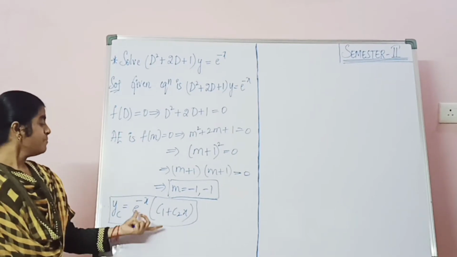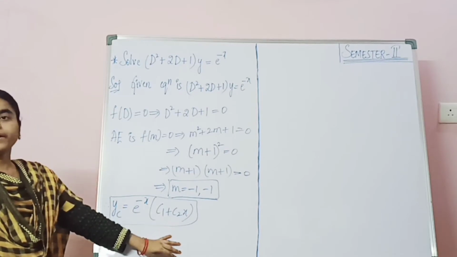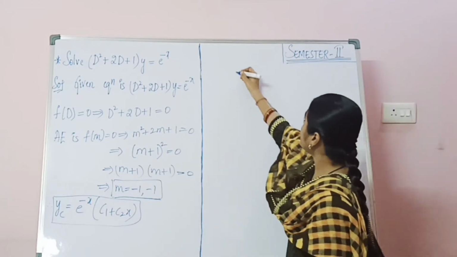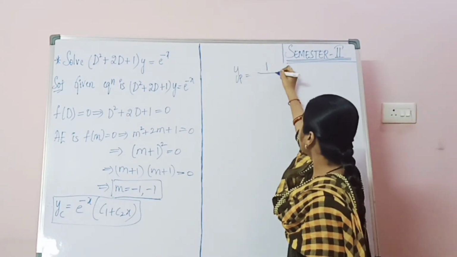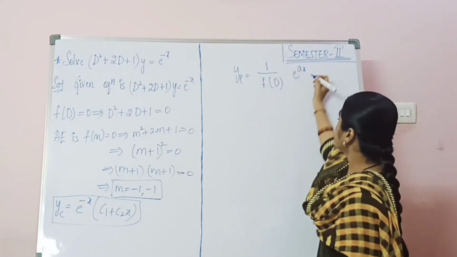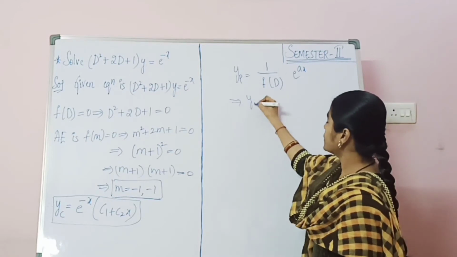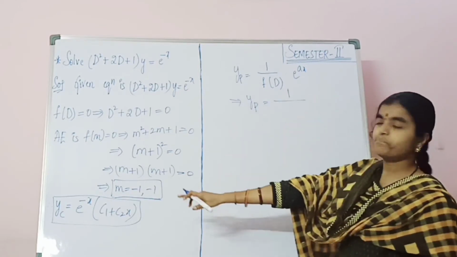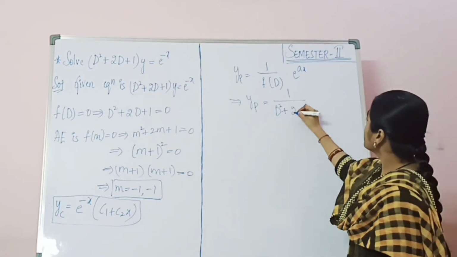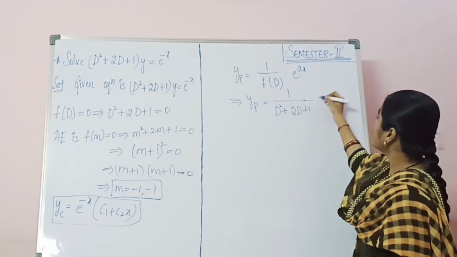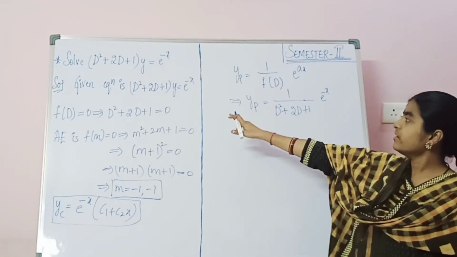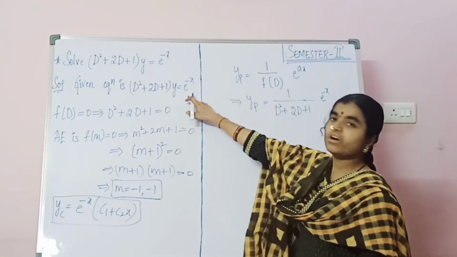Now we got the complementary function. Now what do we have to find? The particular integral. yp equals 1 by f of D into e power ax. So yp equals 1 by (D square plus 2D plus 1) into e power ax, which means e power minus x.